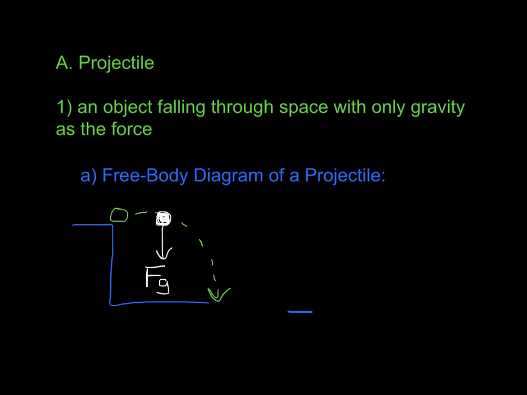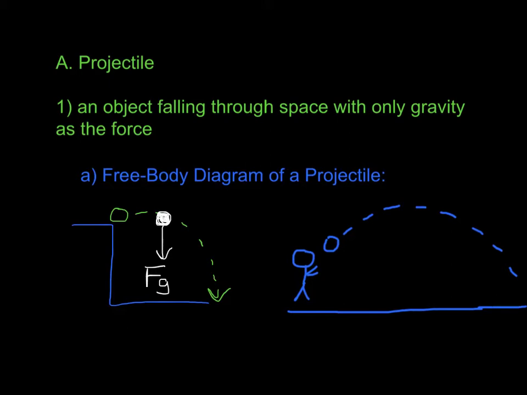We also use the example of a baseball being thrown through the air. If you throw a baseball, it has a path where the ball goes up and then comes back down.